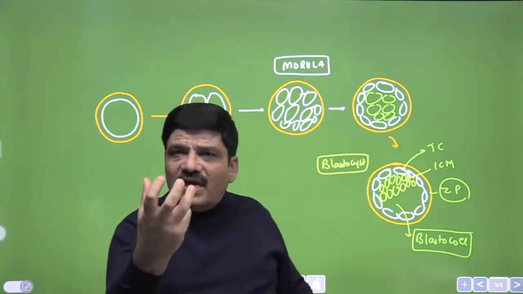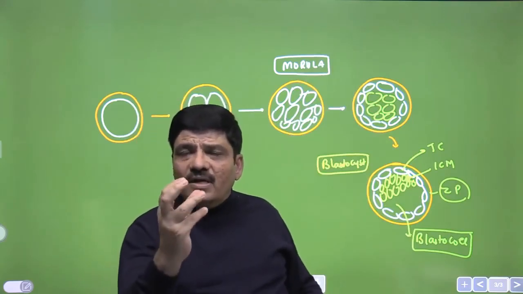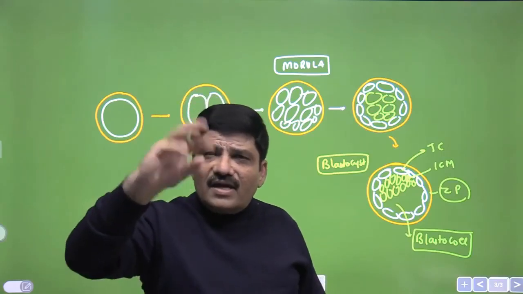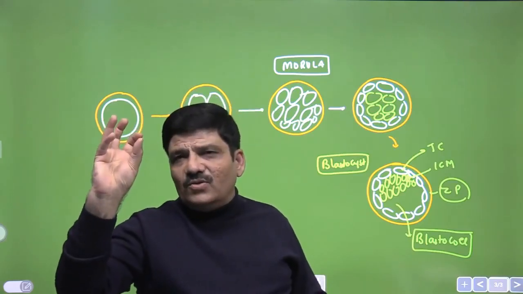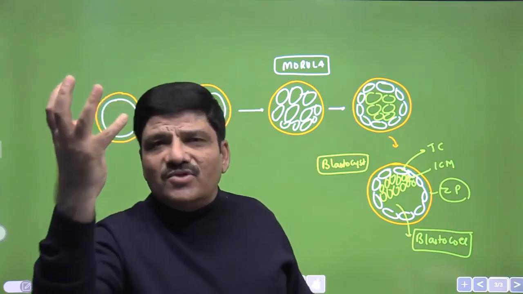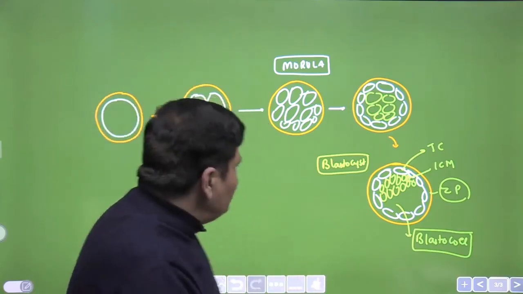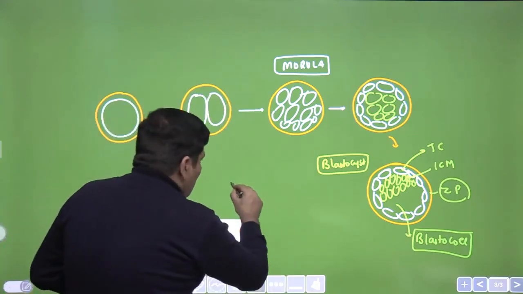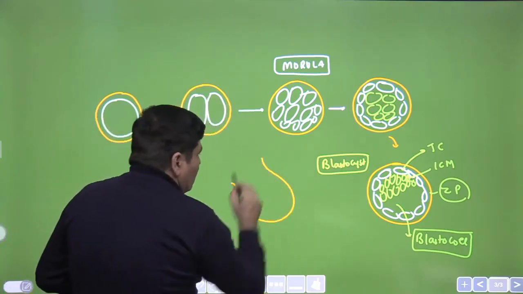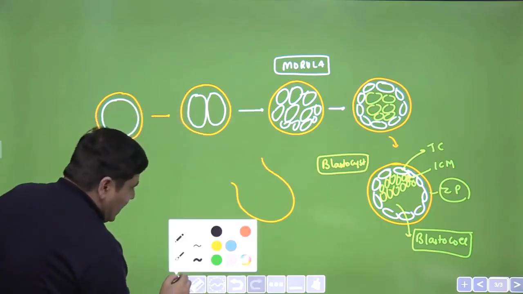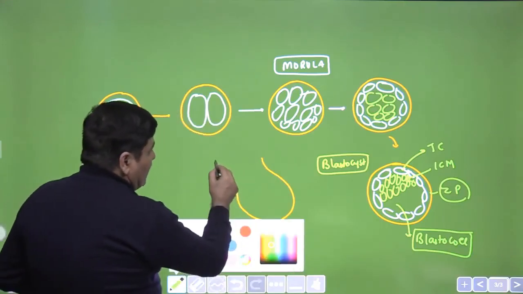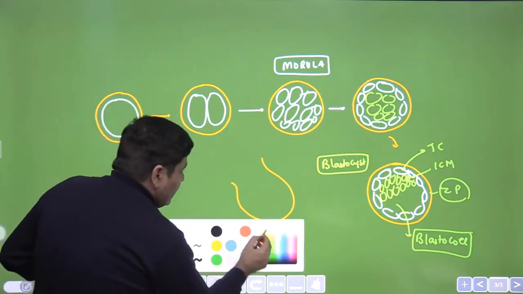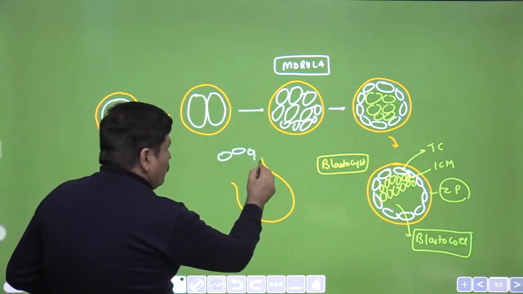You must have seen the egg of a chicken, the chicken coming out of it. There is a crack that appears at one of the ends, then the cap-like structure gives way and the chicken comes out. That is called hatching. The same thing happens here. The zona pellucida ruptures, and let us keep the color scheme correct, and say that these are the trophoblast cells.